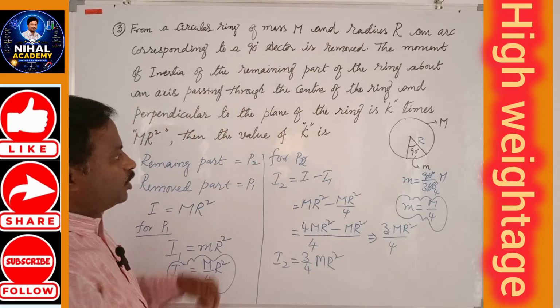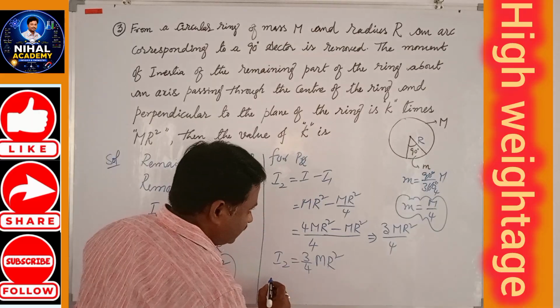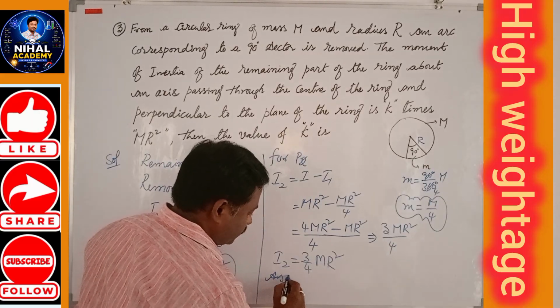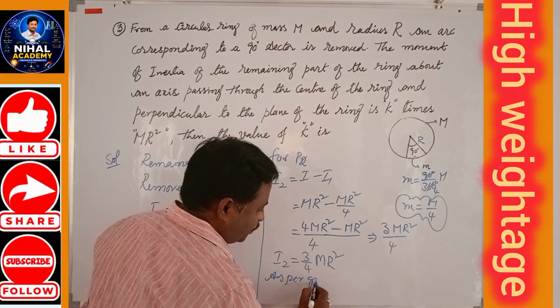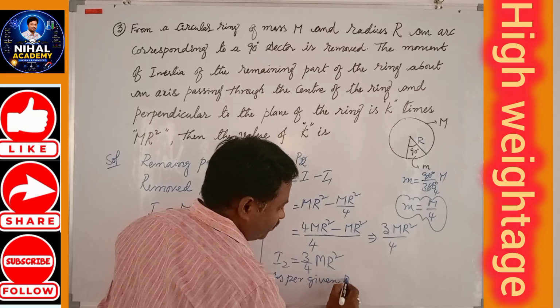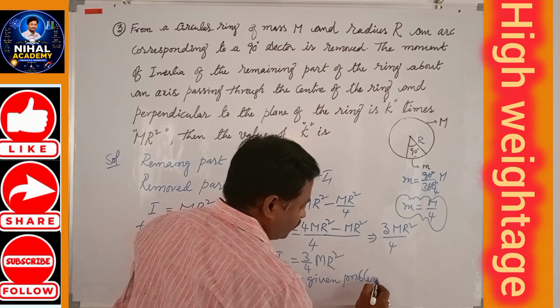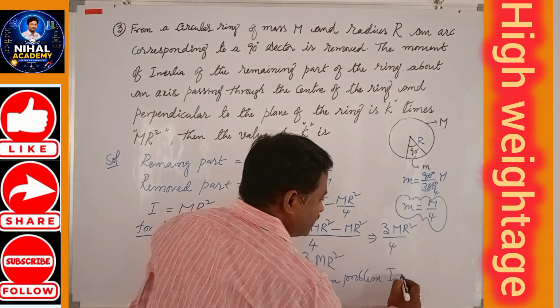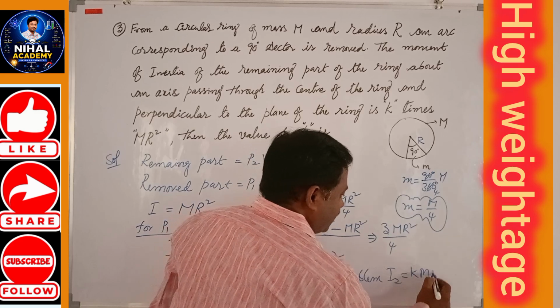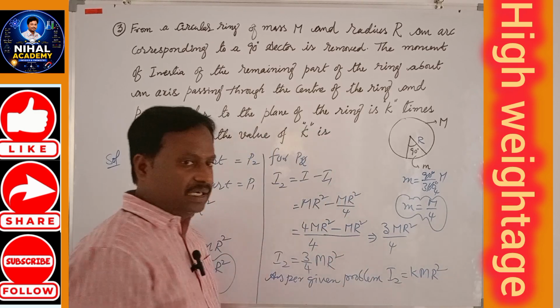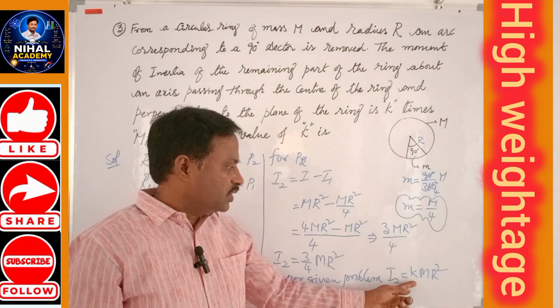But as per the given problem, I2 is equal to k MR square.